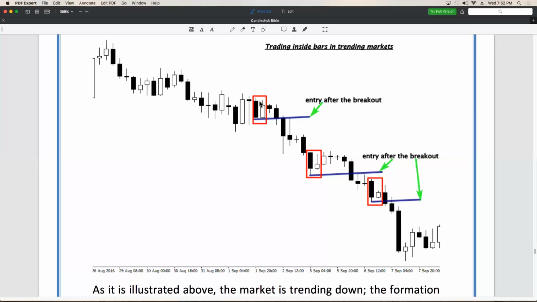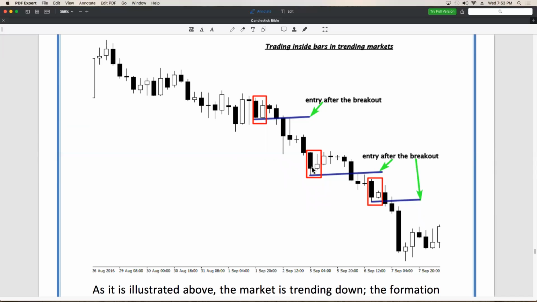Here we go. See these two candles? This is the baby. I mean the inside, because it's inside the previous candle. And then you see the little doji, the black doji that signifies it's coming down. So the entry is after it breaks out of this support level, this double bottom breaks below it. Same here.